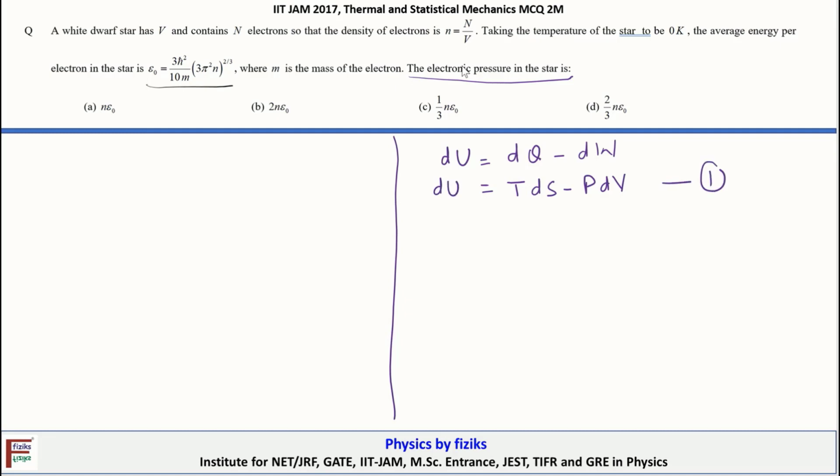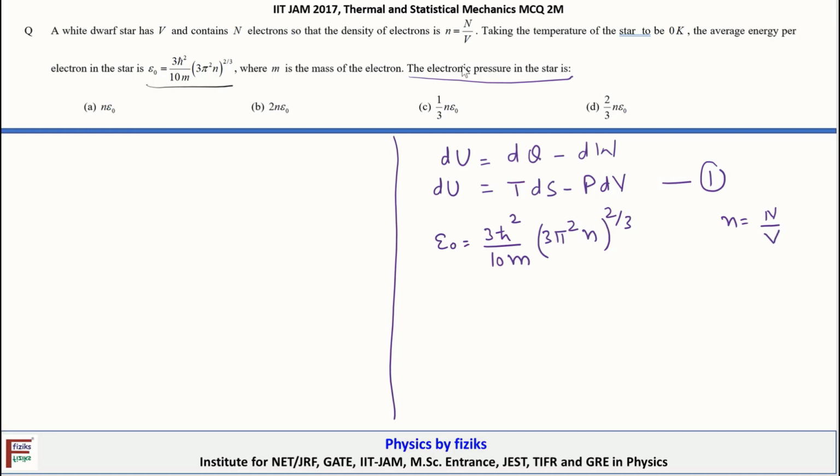What is given to us is the average energy per electron, that is E naught, equal to 3 h cut square upon 10m multiplied by 3 pi square n to the power 2 by 3, and small n is given to be the number density of the electrons.